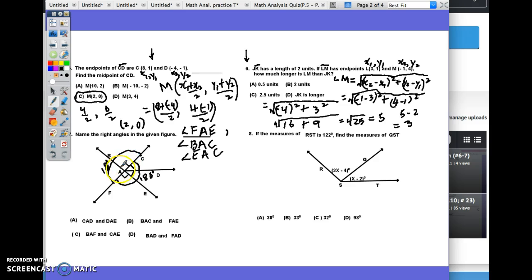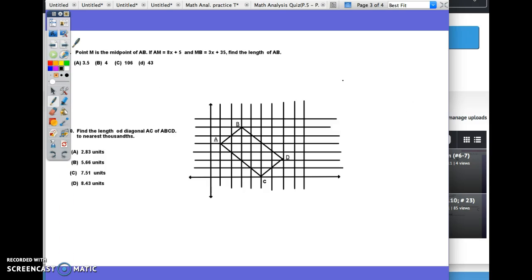Since this is 90, this would have to be 90 also. So angle FAB. So what we have is that this segment is perpendicular to this one, so we have 4 right angles formed here. Alright, so let's go to the other page.